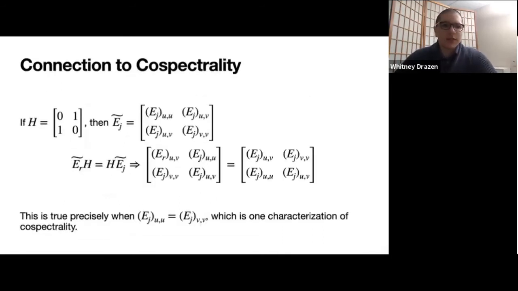Okay, so what's the connection to cospectrality, which is a necessary condition for perfect state transfer?